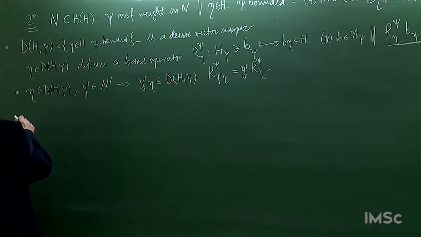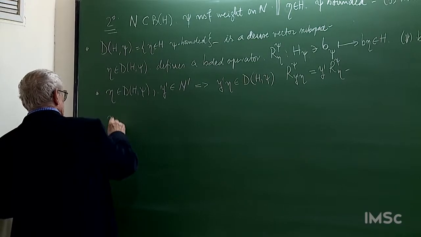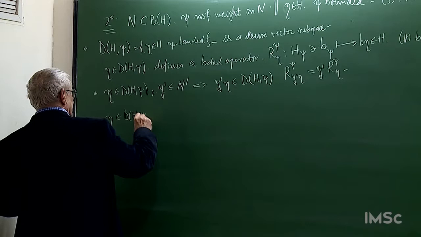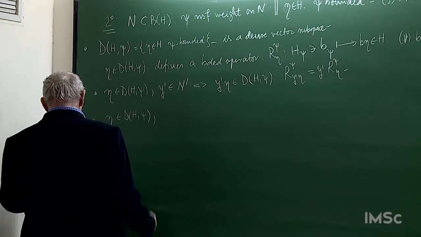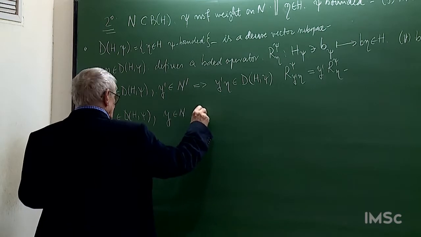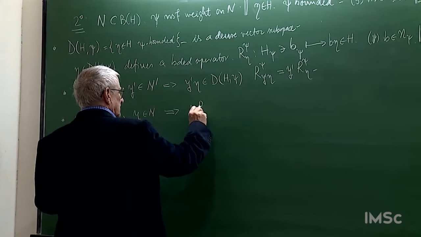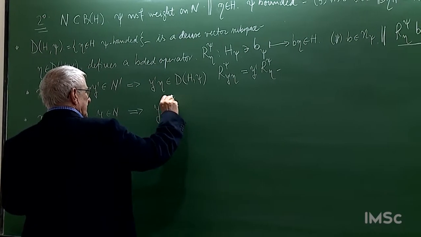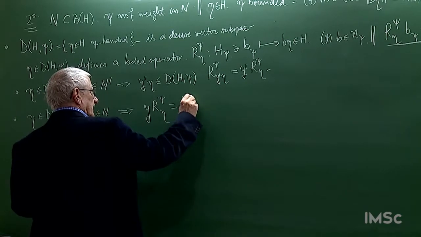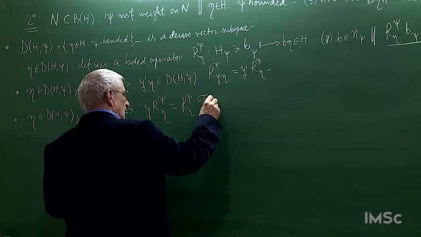A second thing is, if you take again a vector eta in D(H,psi) and you take a y in N, then you have y R^psi(eta) equal to R^psi(eta) times pi_psi(y).